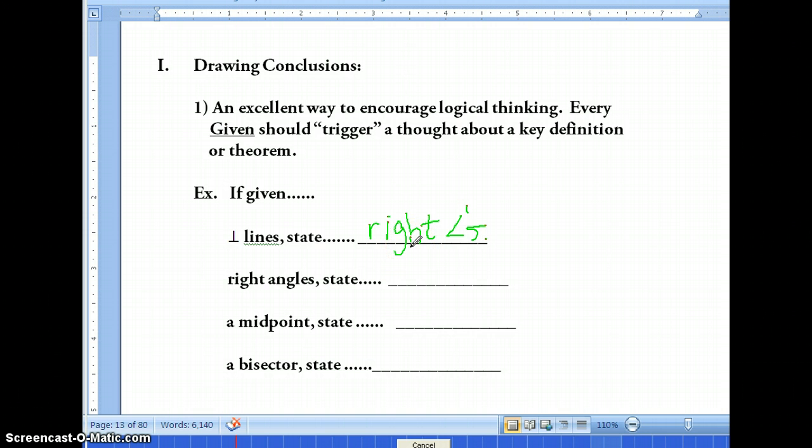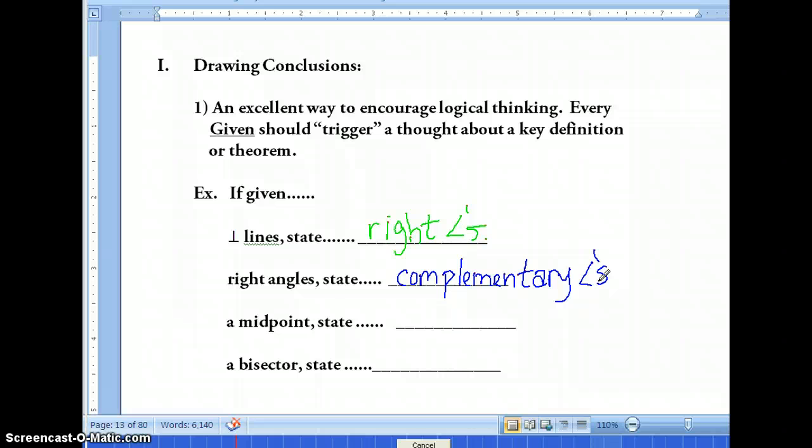If you are given right angles, then you can state possibly that the angles that are forming them are complementary because of our definition. If two angles form a right angle or have a sum of 90, they are complementary.